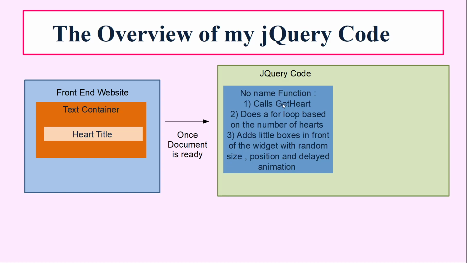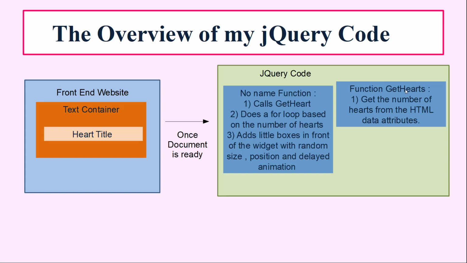We will create another method called getHeart, and what getHeart will do is get the number of hearts that it'll have to make from the HTML data attribute. What jQuery is phenomenal at is navigating around that DOM, that HTML document, as it were, taking values and appending things onto it and changing it. That's what we're going to be using. So we are going to get that data attribute and then return a value to find out how many hearts we want to put into our front end.